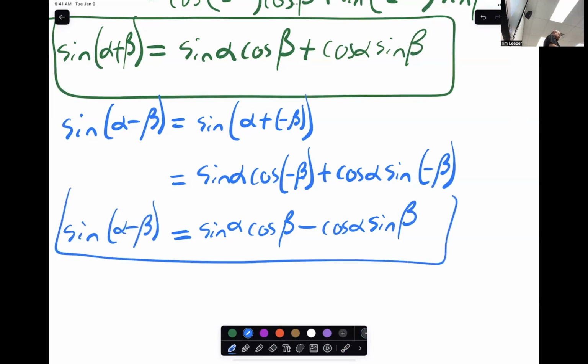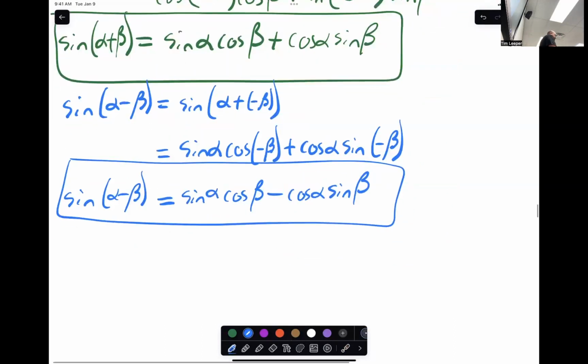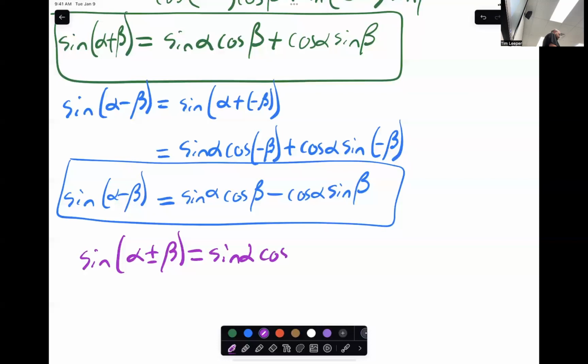So that is the sine of a difference formula. And again, if you want to, you can combine those into the same thing. Actually, let me do this in purple here. So that would give us the sine of alpha plus or minus beta is equal to sine alpha cosine beta plus or minus cosine alpha sine beta.